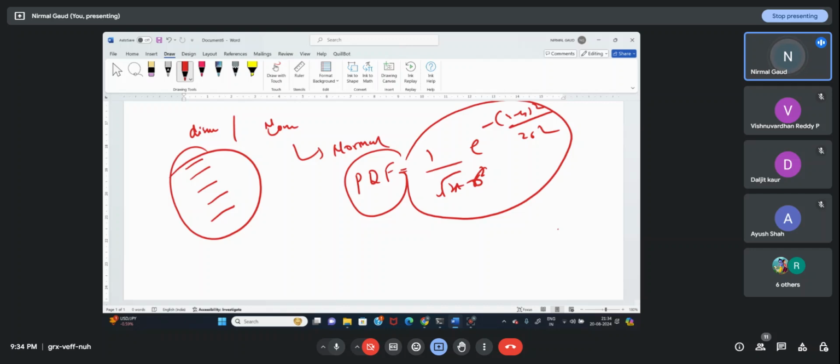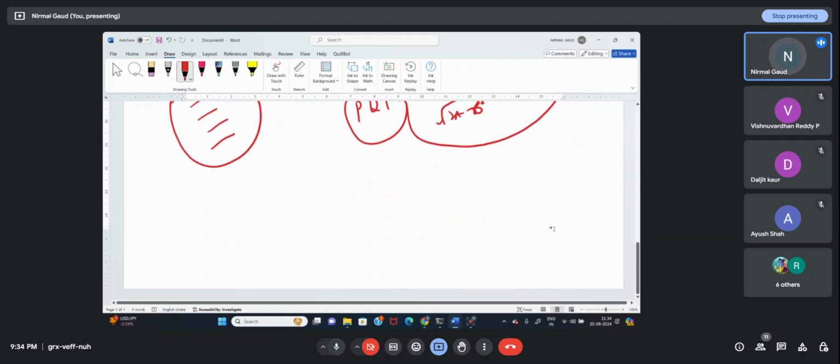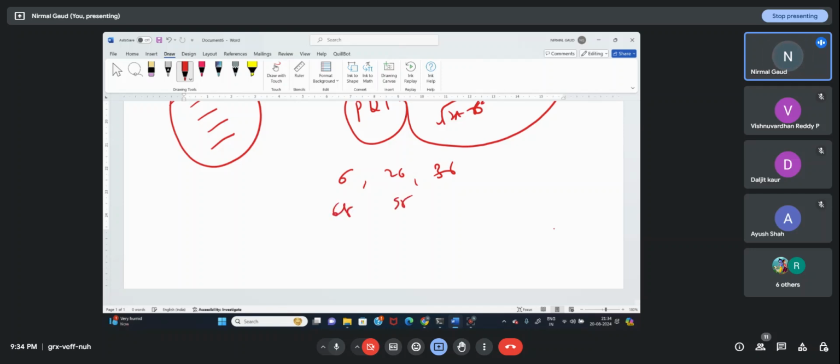The properties of normal I already told. And why does this have significance? Because in most real-world applications, we have normally distributed data. It follows a rule: sigma, 2 sigma, 3 sigma, that means 68%, 95%, and 97%.